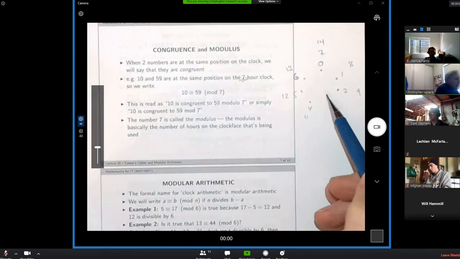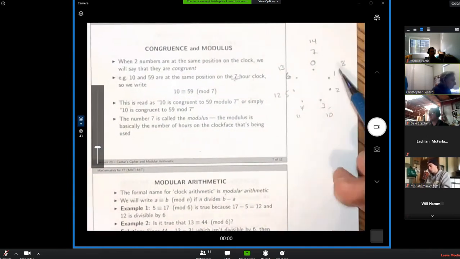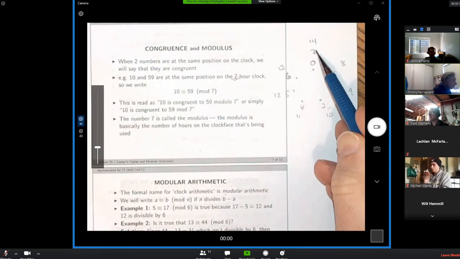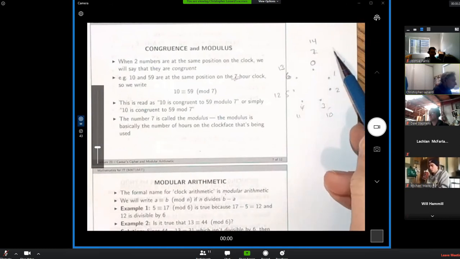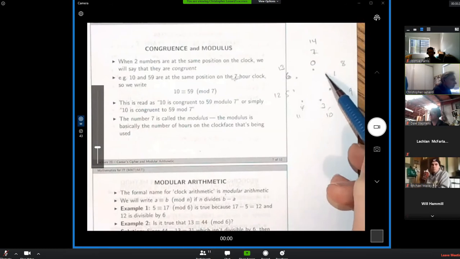Now, I kind of said, well, let's start with 0. I could have started with 1 and gone 1, 2, 3, 4, 5, 6, 7. And that would have been perfectly okay. But then notice that if I start at 3 and I go backwards, I go 3, 2, 1. What happens if you're going backwards from 1?